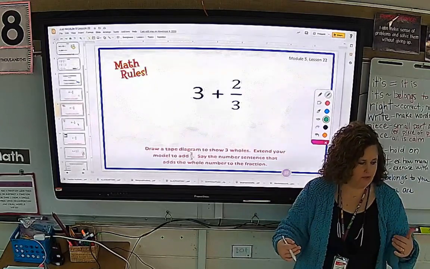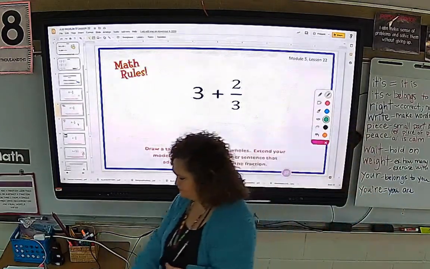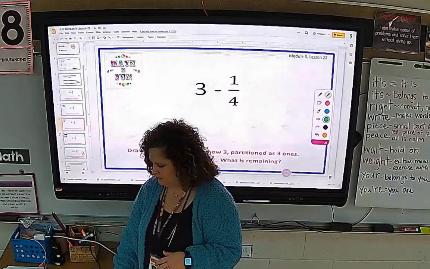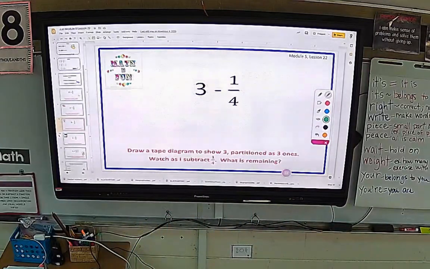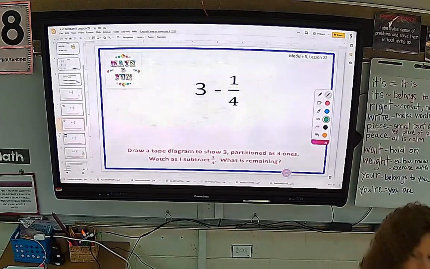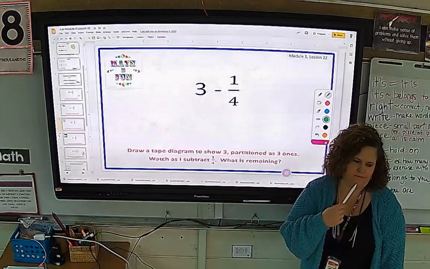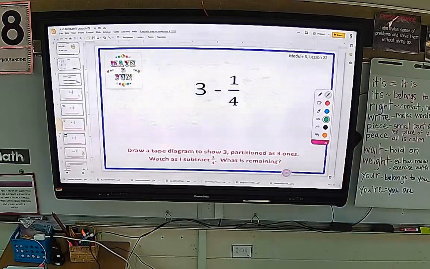So I want you to put the top on your marker and lay it down. I want you to see this. Actually, before you see it, could you, without me telling you, think of a way to show subtraction with a tape diagram? Go ahead and try it. Again, you're kind of guessing. You're going off of what you already know.